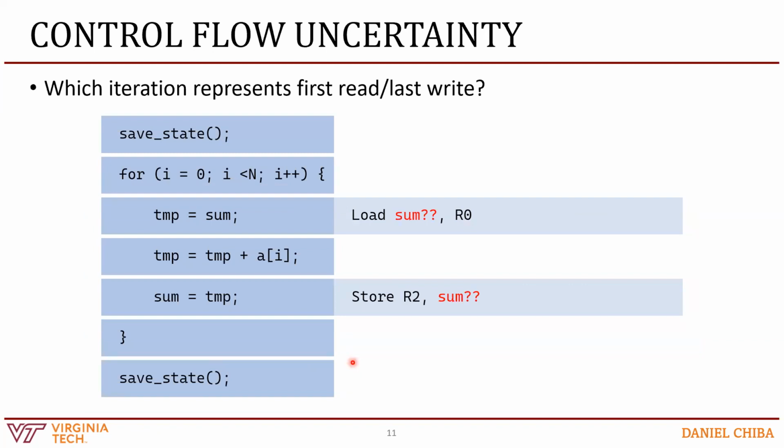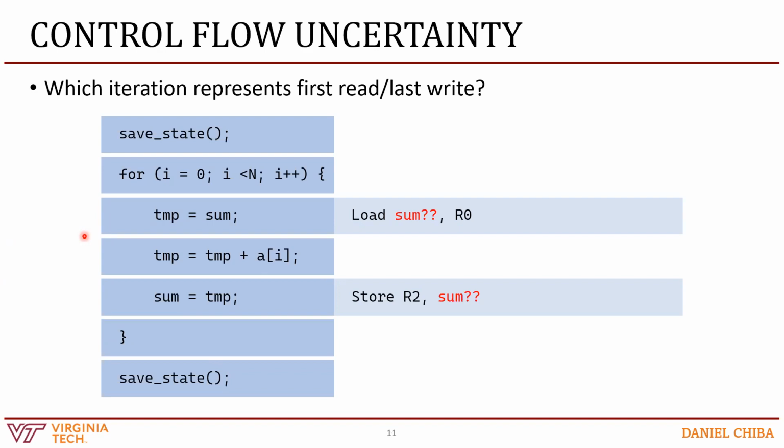The next uncertainty is based on control flow. So this example is based on loops, but it's a similar principle that you can use for conditional statements like if else or case. So remember, we want to write to non-volatile memory for the last write within a computational interval.